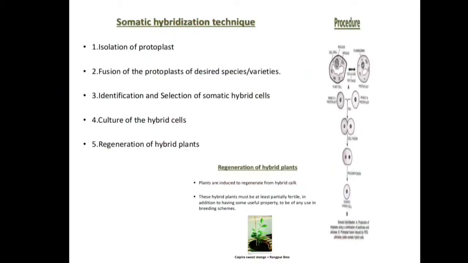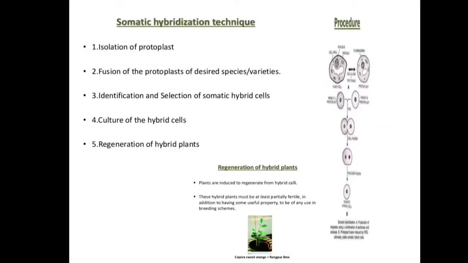So the somatic hybridization technique mainly involves four steps: first isolation, second fusion, third selection or identification of the hybrid cells, and fourth culture of the hybrid cells. After culturing, we get the regenerated plant from them.